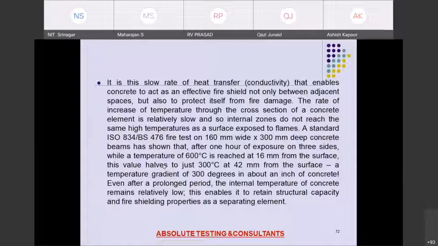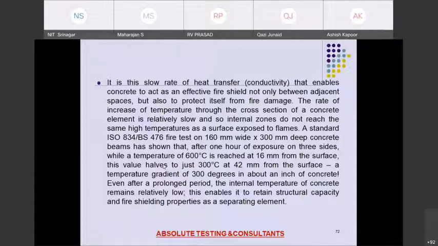It means that compared to the outer, the inner part of the RCC structure is quite cool. A temperature gradient of 300 degrees occurs within about an inch of concrete. It means within an inch of concrete, going from outer to inside, there is a decrease in temperature of 300 degrees. Even after a prolonged period, the internal temperature of the concrete remains relatively low.